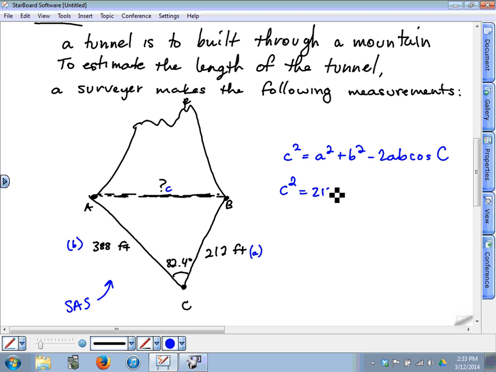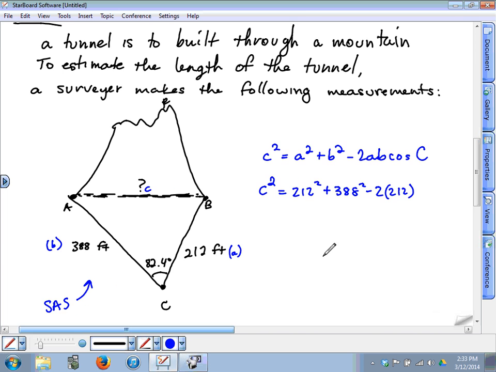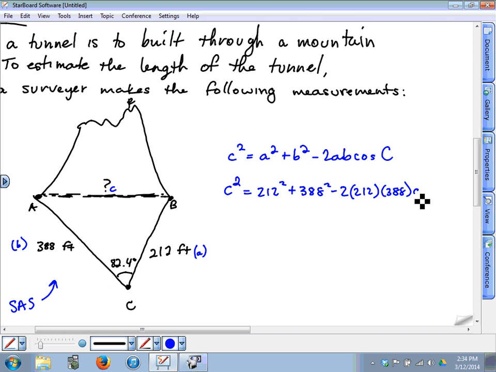This is 212 squared plus 388 squared minus 2 times 212 times 388 times the cosine of 82.4. So this turns into a calculator problem.